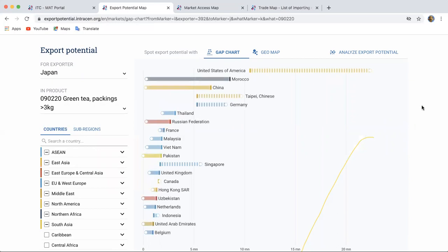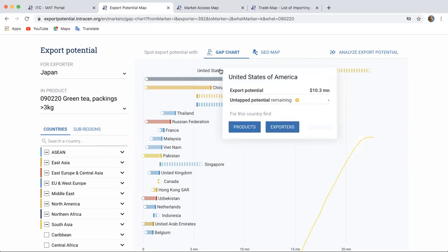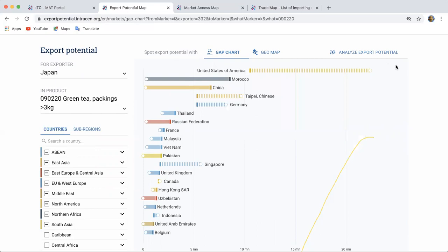And this becomes a whole different story. Interesting to see is that a lot of countries that we saw in export in Trade Map, in our biggest importers, for example, of green tea from Japan, they are coming back. So the US was the biggest importer of Japanese green tea.